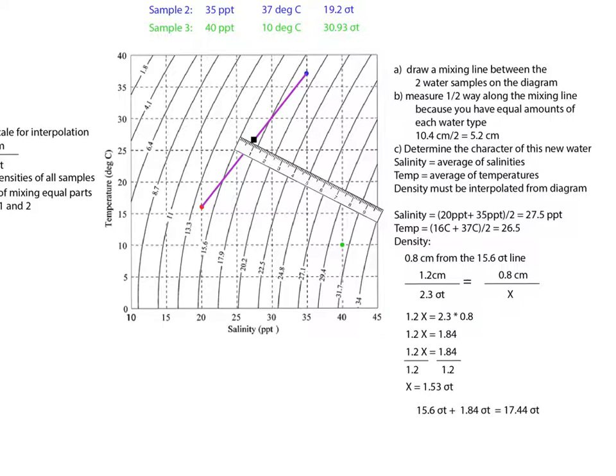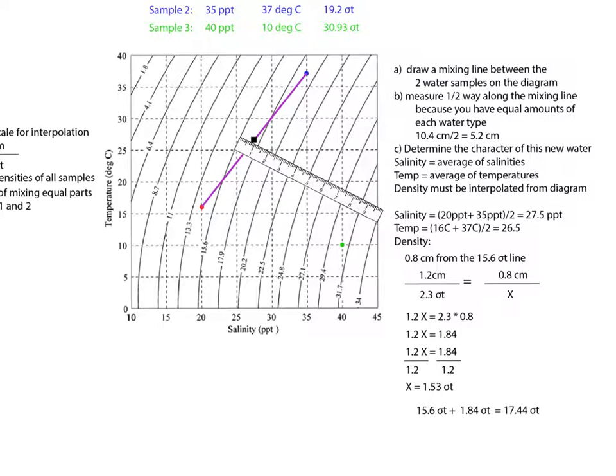I solved again for what that would represent, that 0.8 in sigma T, added it to 15.6, and got a density of 17.44 sigma T. I can double check to make sure that that looks to be about right by seeing where it falls in between these two lines. It must be between 15.6 and 17.9, and 17.44 looks like a good estimate.